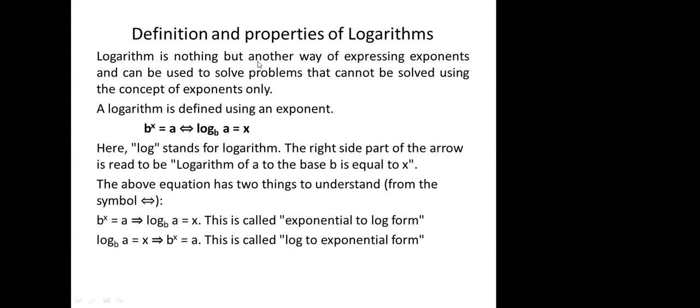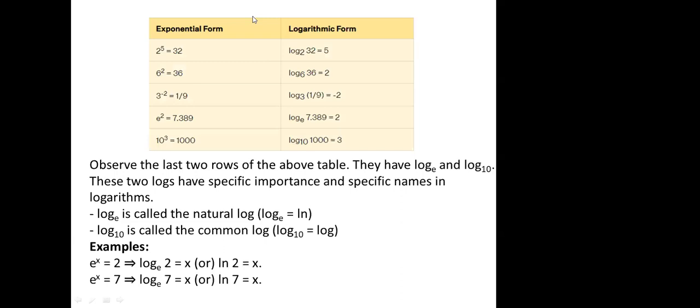They're opposites. Here are some examples. For this one, we have 2 to the power 5 equals 32. Then the logarithm of 32 with base 2 is 5.